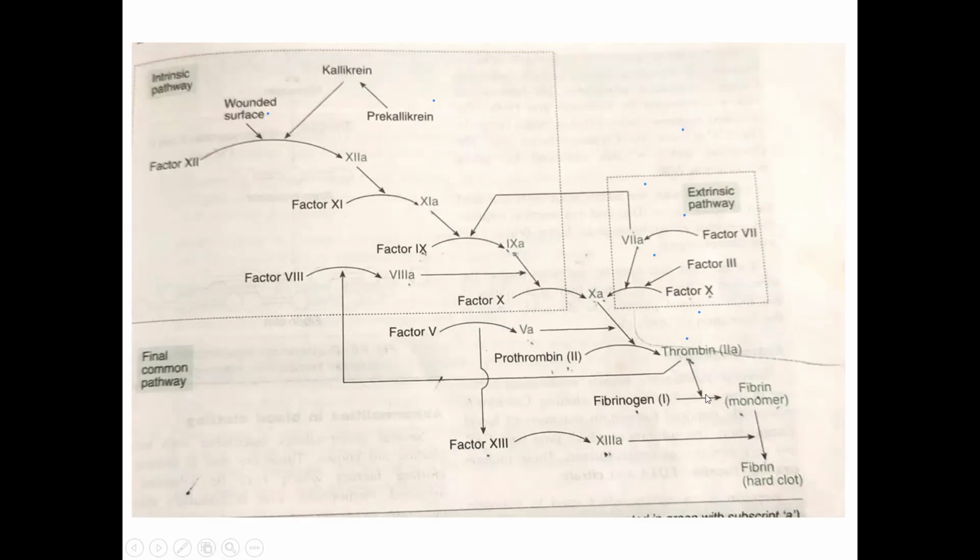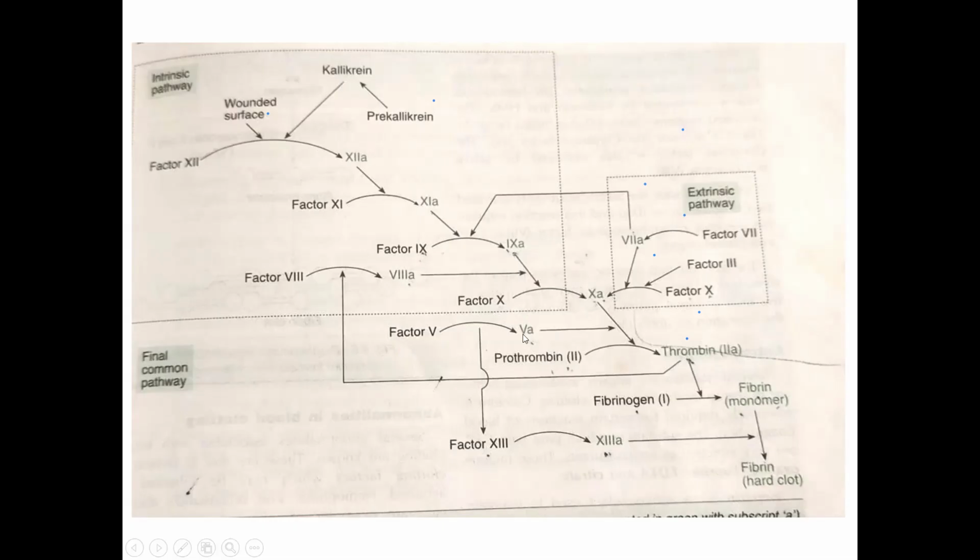Now both the pathways follow the same pattern from the activation of the prothrombin activator. The activated prothrombin activator, that is the 10th A, acts on 5th A. The 5th A is generally automatically activated by the wound surface.